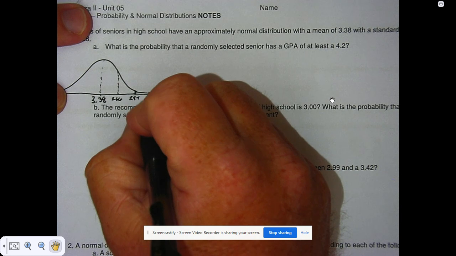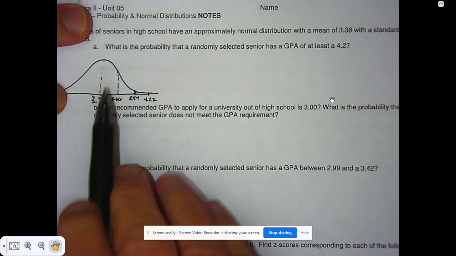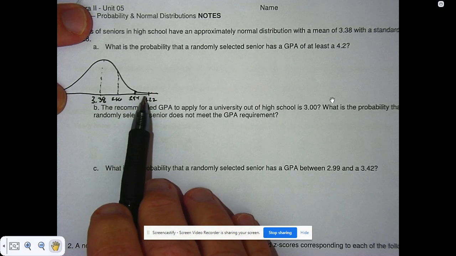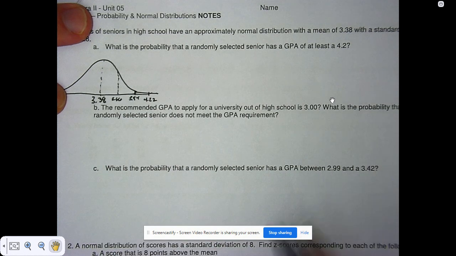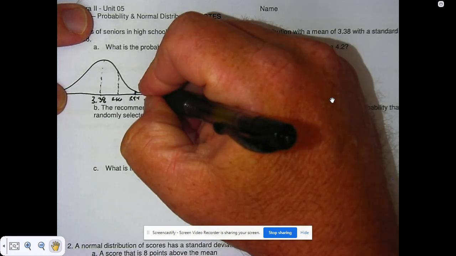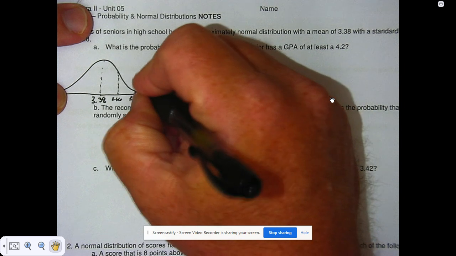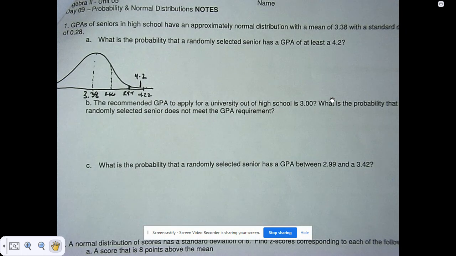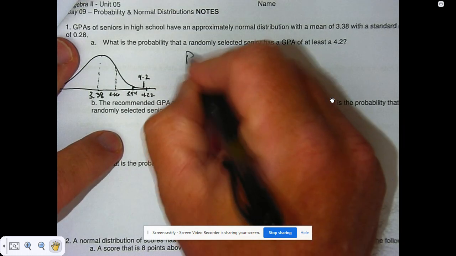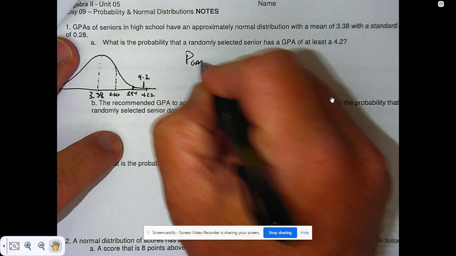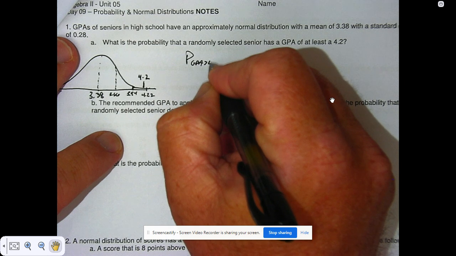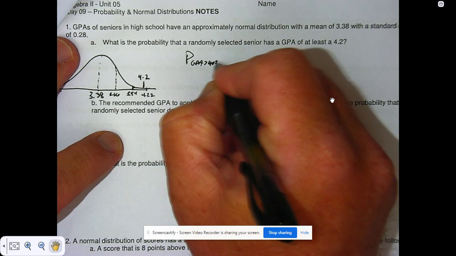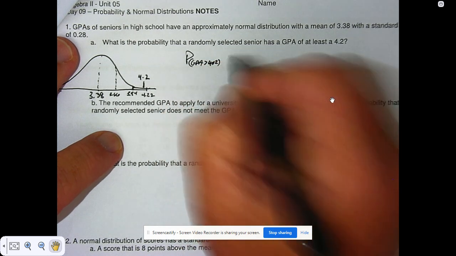So we are looking at 1, 2, almost 3 standard deviations above the mean. The score we're looking for right there is 4.2. So we want the probability that our GPA is going to be greater than 4.2, according to this data.